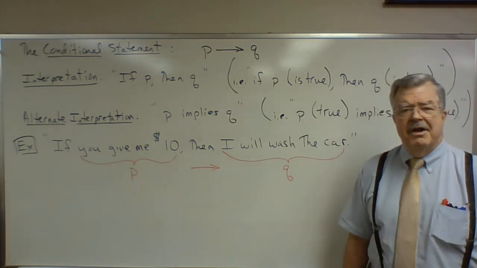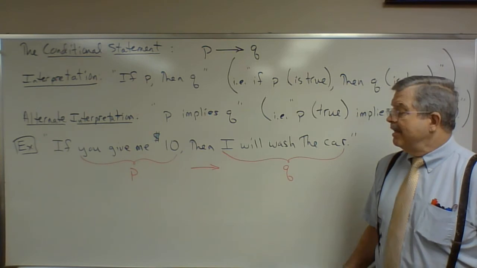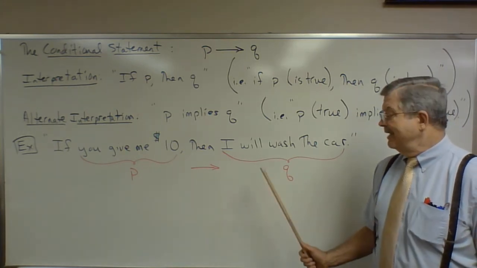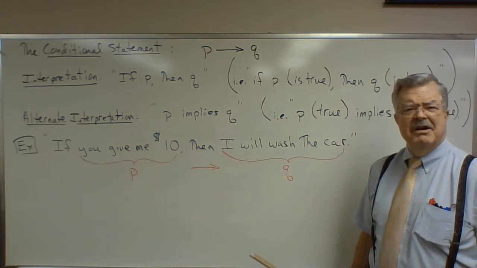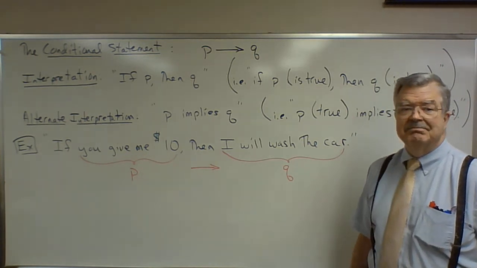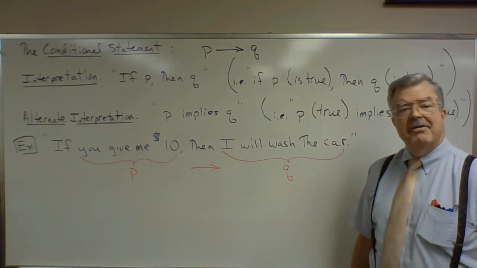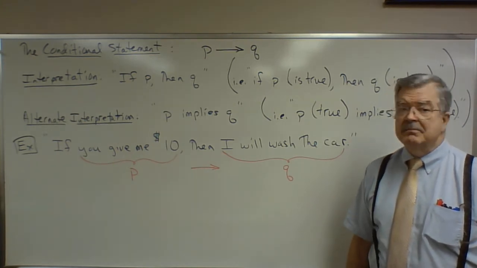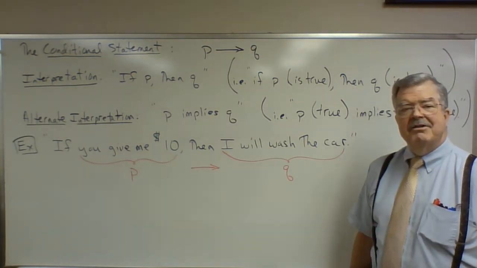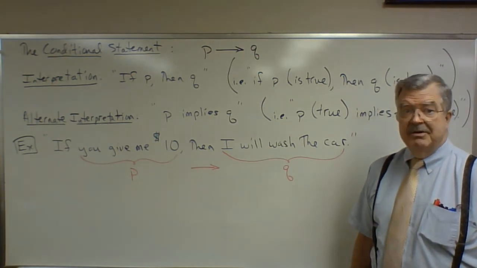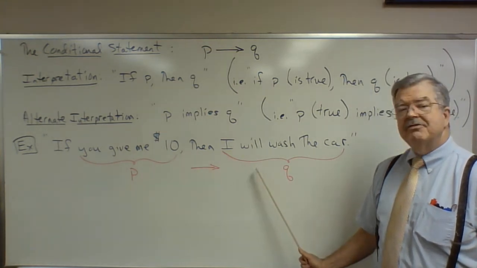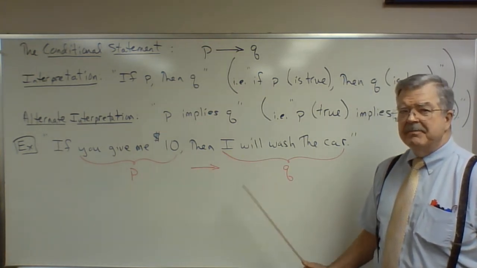Now let's look at another case. My father gives me $10, and I'm such a rotten son. I don't wash the car. Is my father happy with me? No. Have I lied to my father? Absolutely. I told him that if he gave me $10, I would wash the car, and I didn't do that.